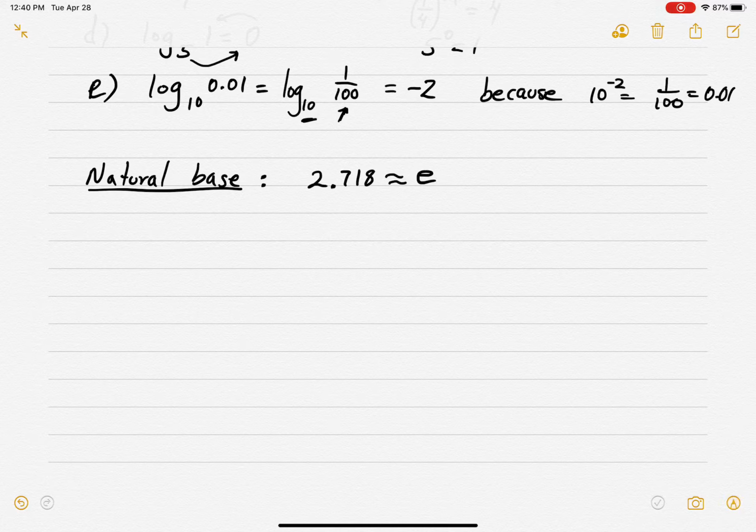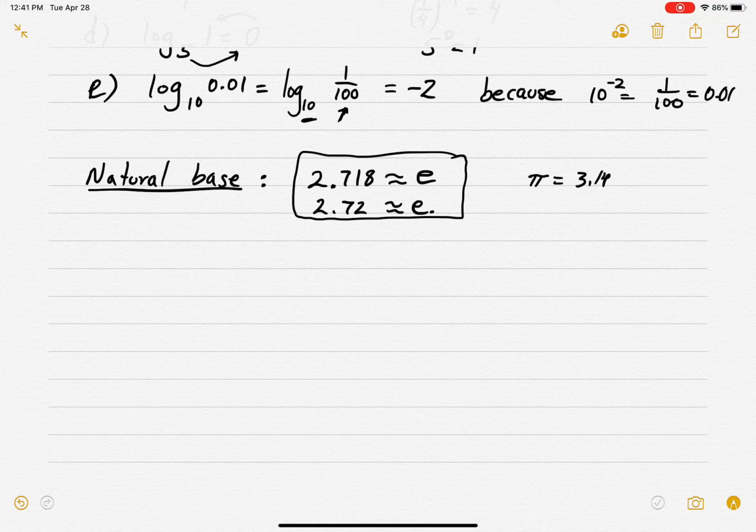Just like the number pi, that was about 3.14. Well, the natural base is 2.718289, and it keeps going, of course, like pi does, but we're going to round it to approximately 2.72. So just keep that in mind, that the number e is a special number. We call it the natural base.